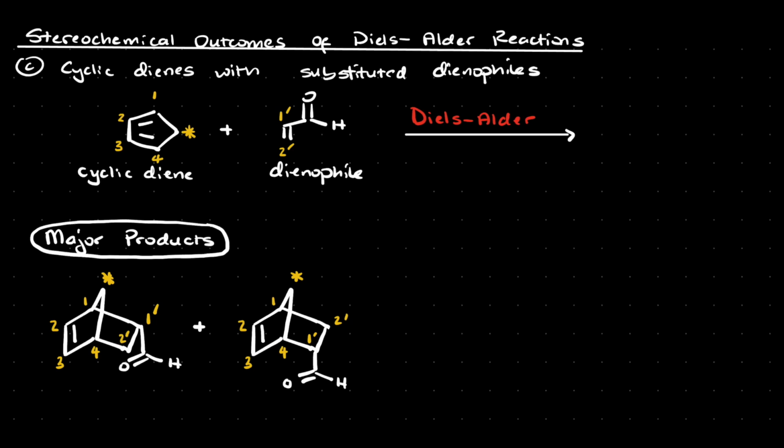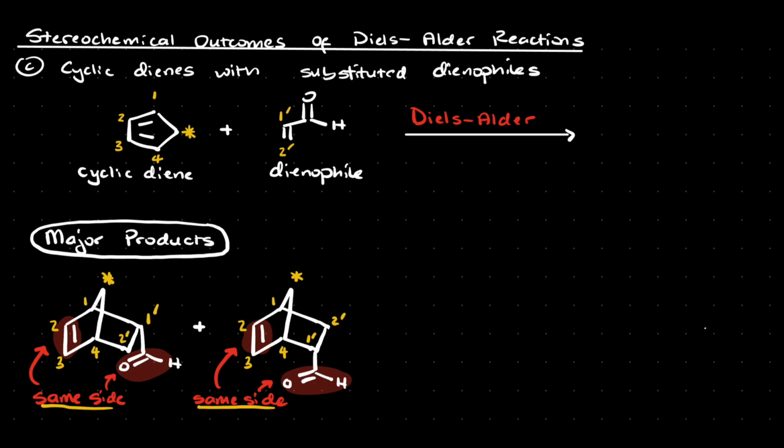Okay, so with that in mind, that's the major product because of the stereochemical outcomes. So we look at what is going on here. Notice that the aldehyde substituent, or your dienophile substituent, ends up on the same side as the forming product pi bond.